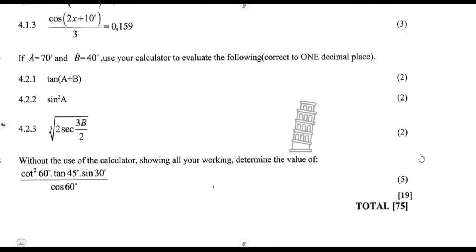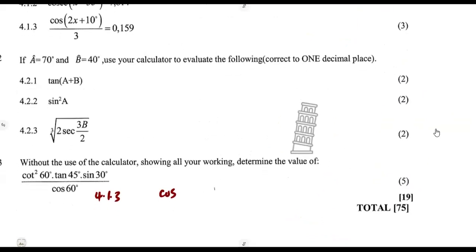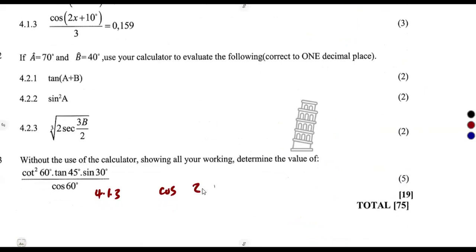So the same part on question 4.12, 4.13, we are given the cos of 2x plus 10 degrees, like this, everything over 3 is equal to 0.159, just like that.